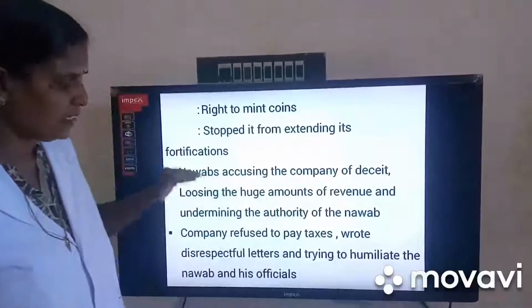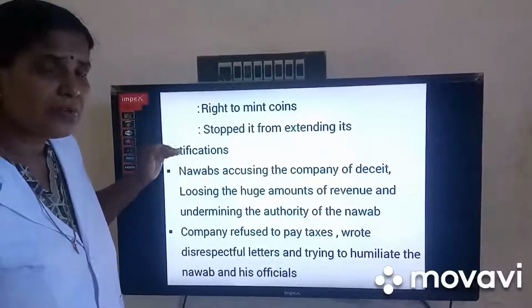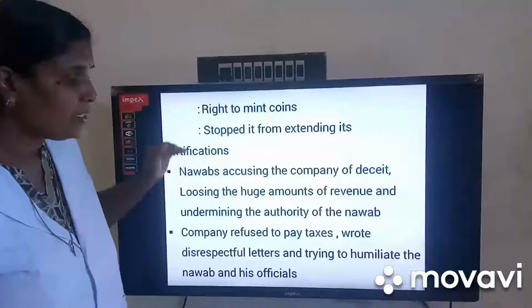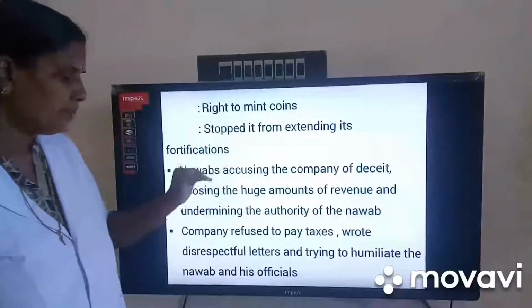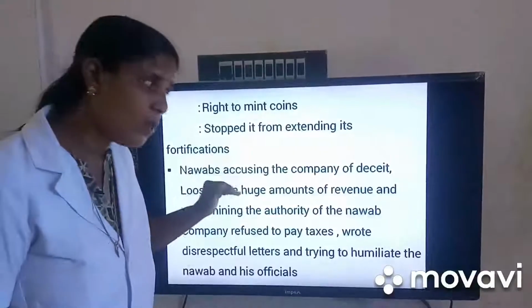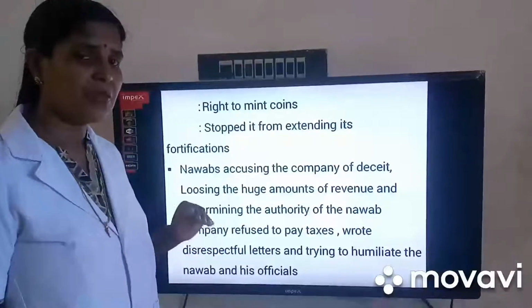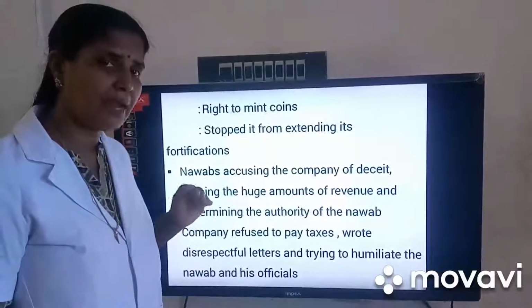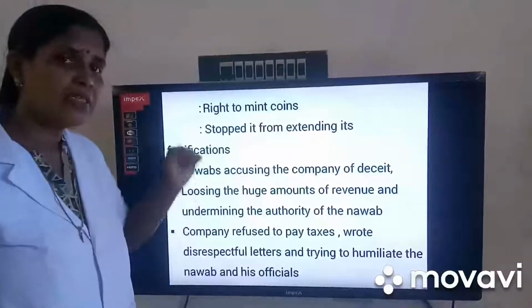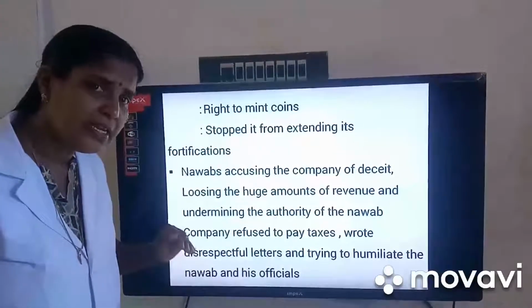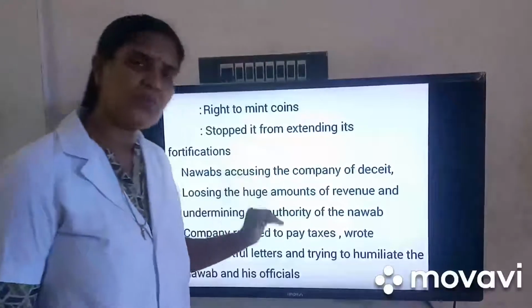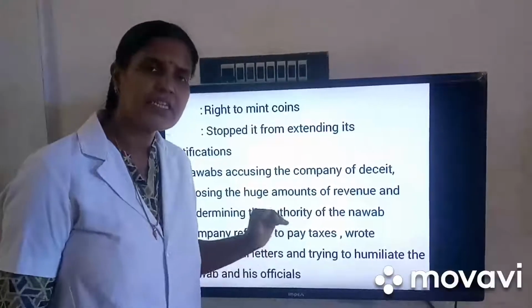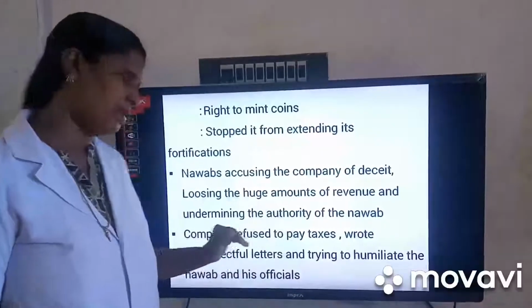Once again, listen: why did they refuse to give certain concessions? The Nawab accused the company of deceit, and of causing huge losses of revenue. When the officials were not ready to pay the taxes, that reduced the income of the Nawabs and undermined the authority of the Nawab, not giving any respect to the Nawab's power.